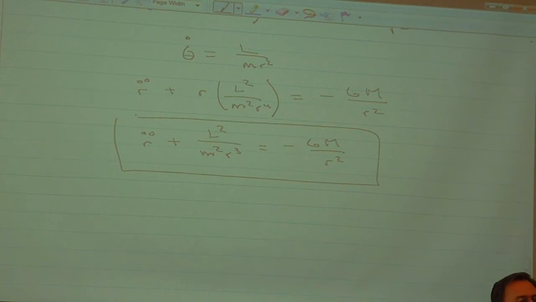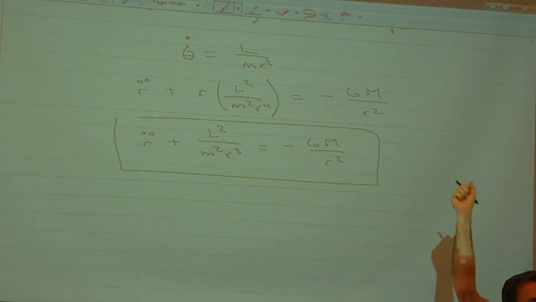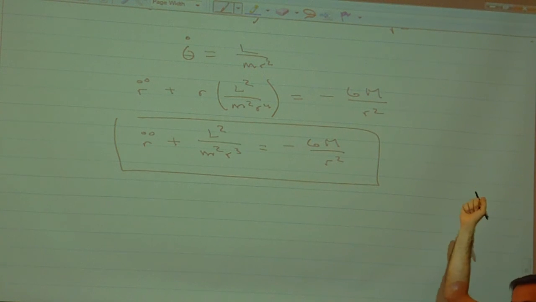Okay everybody, we're ready? A second order differential equation, woohoo! Go physics! Which is about as ugly looking as they come. This equation is nonlinear.